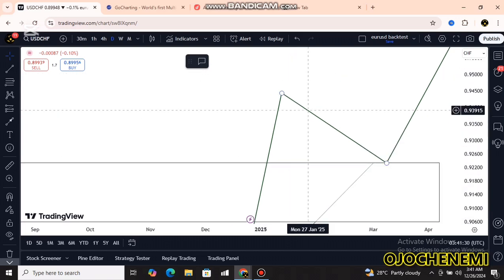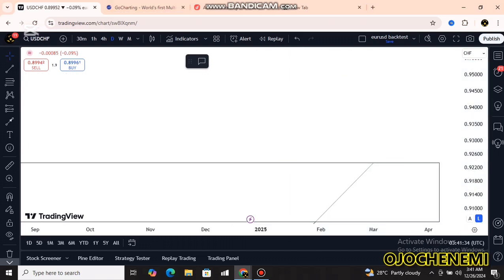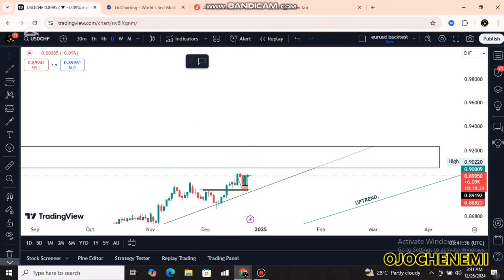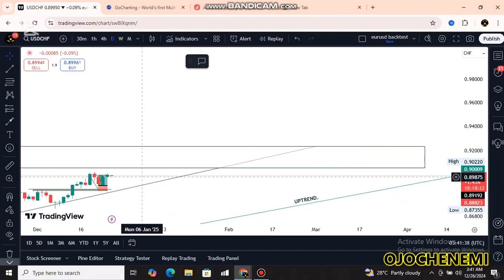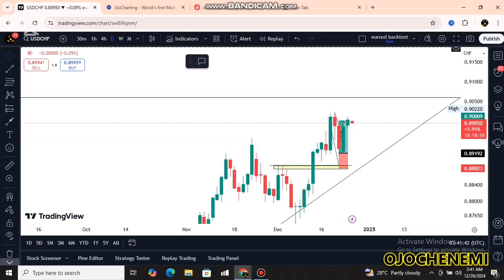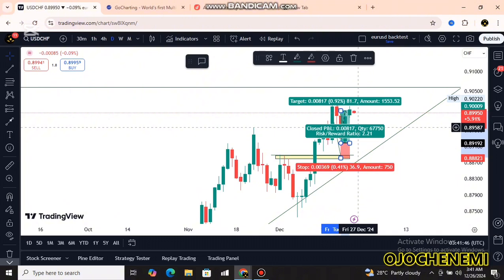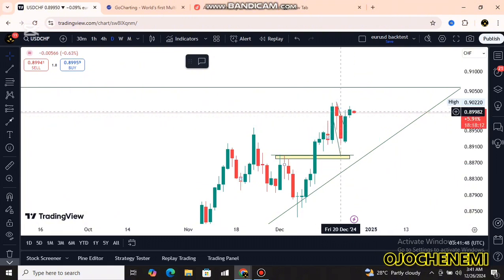So here is the daily. We still have some space. On the daily, if you can see, the market is also bullish. It's making a series of higher lows and higher highs.